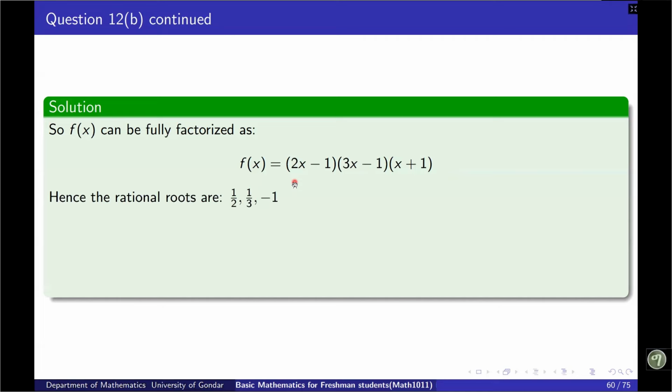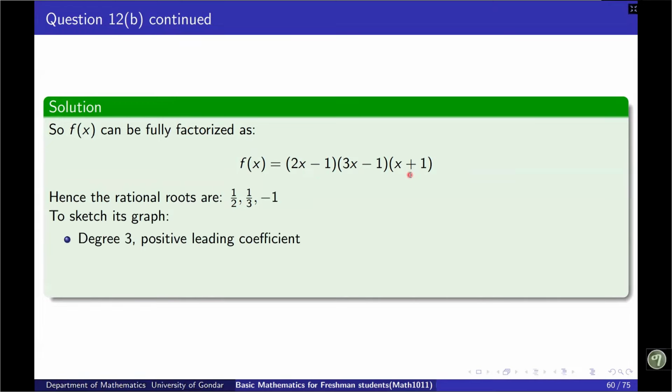Therefore, the roots are 1 over 2, which is the zero of 2x minus 1, 1 over 3, which is the zero of the second factor 3x minus 1, and minus 1, which is the zero of the last linear factor, x plus 1.